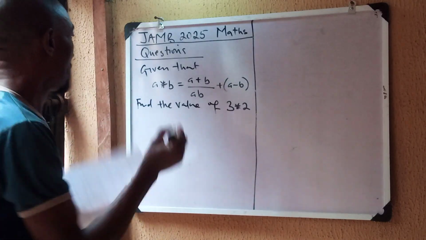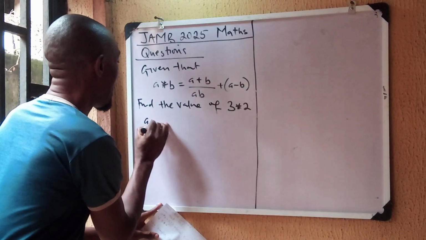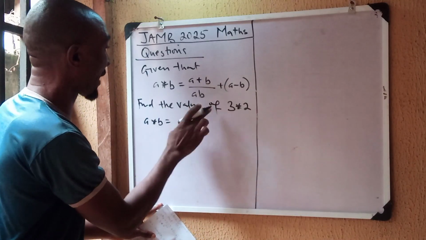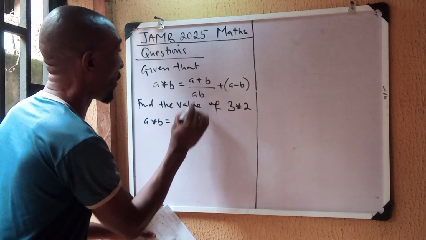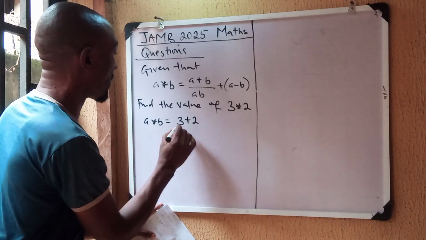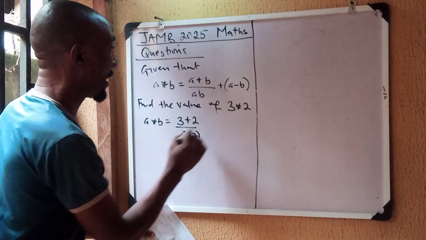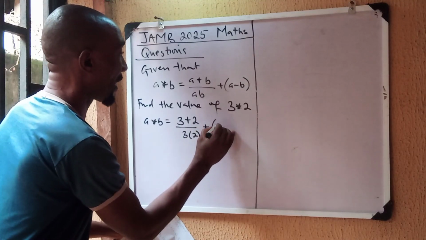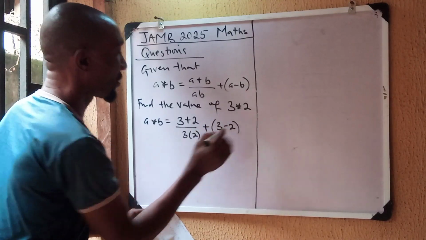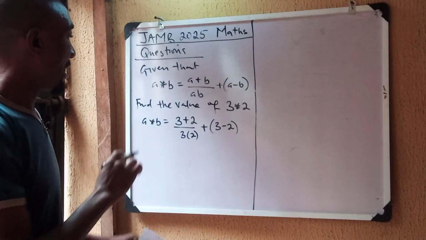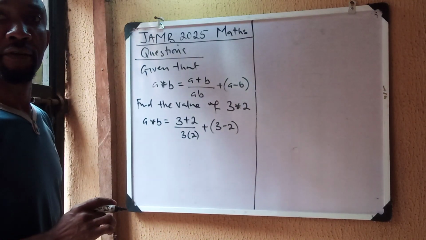So A asterisk B will be equal to 3 plus 2, because B is 2, all divided by 3 bracket 2, then all plus bracket 3 minus 2.